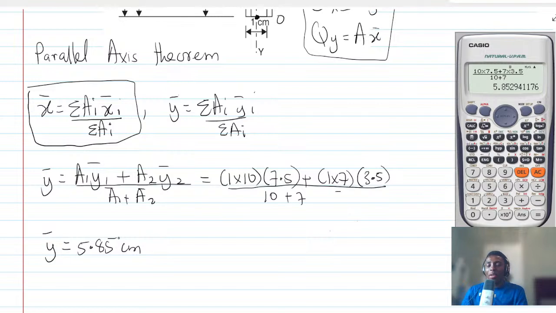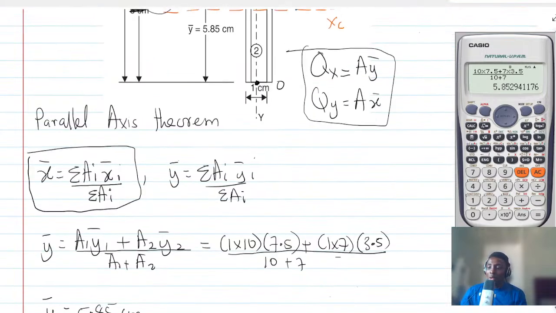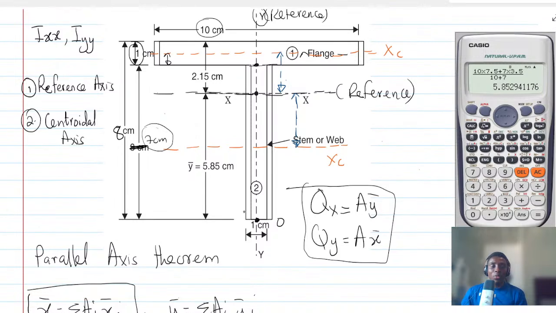So 5.85 centimeters. That is the y bar. So if you come to the question here, now you have the 5.85 here.